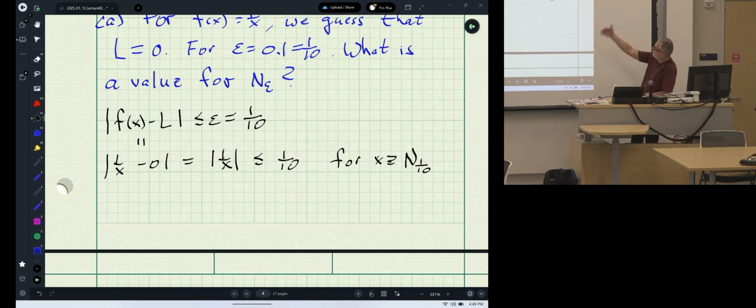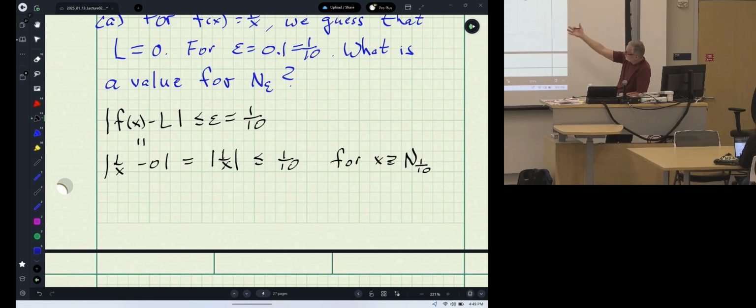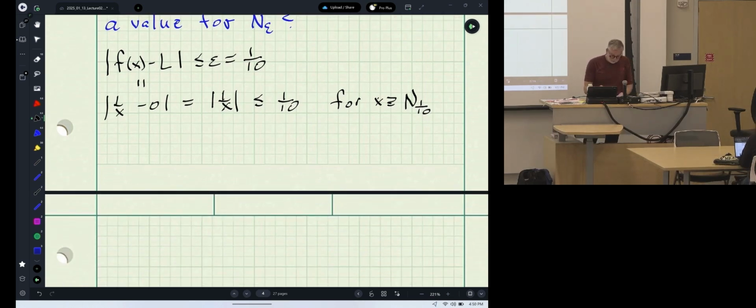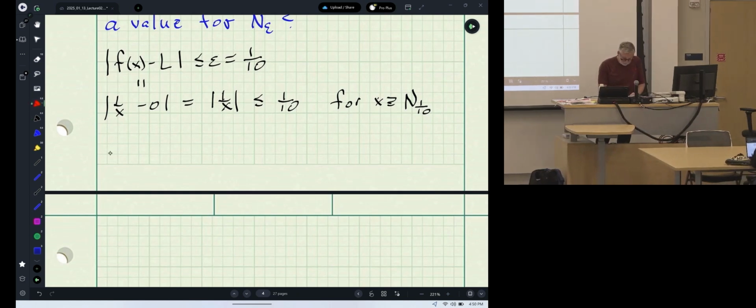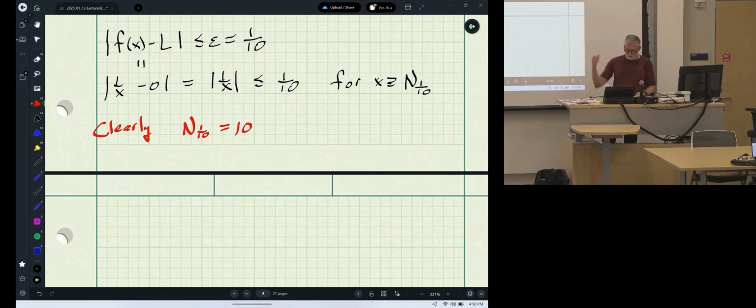Okay, so what value should we choose for n? Well, because we weren't trained in mathematics yesterday, we see that clearly we need n sub 1/10 equal to 10. So if x is bigger than or equal to 10, then 1 over x is less than 1/10. Now, if you had said n sub 1/10 equals 100, it's still true, is my point, okay?